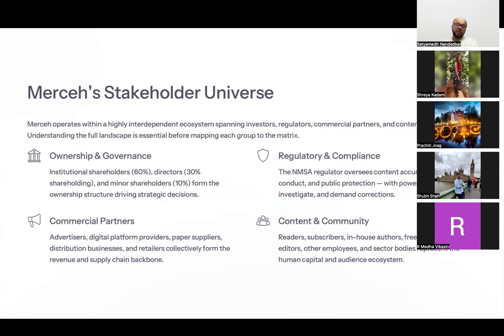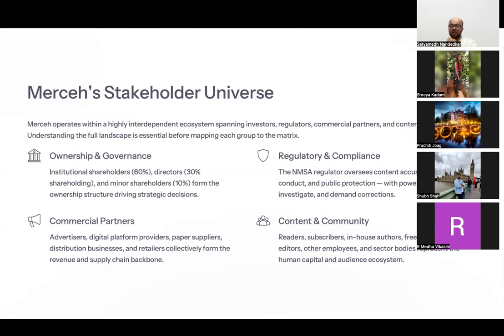ठीक है. Now, Mersey operates in a highly interdependent ecosystem spanning investors, regulators, commercial partners, and content creators. When you look at the ownership and governance structure, you have institutional shareholders who have 60% holding, directors who have 30% holding, and minor shareholders who have 10% holding.